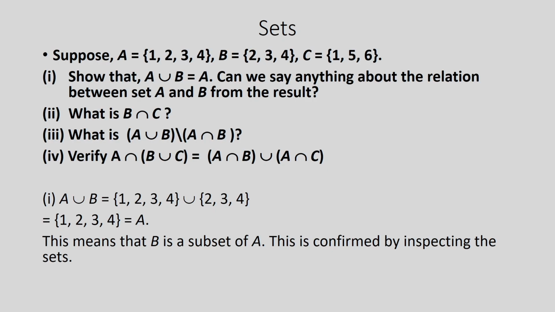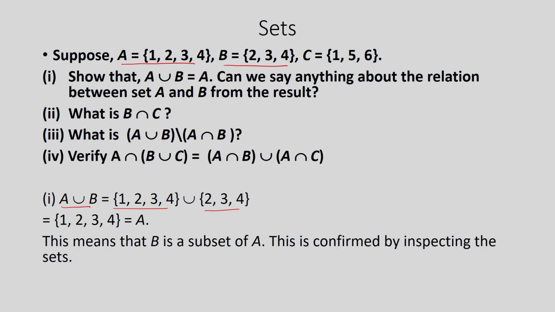Okay. So, let us start with the first one. A is known to us, B is known to us. So, we can find out what is A union B. So, A union B is equal to this set, that is A 1 2 3 4 and B 2 3 4.